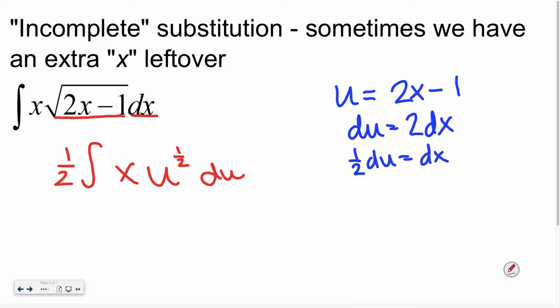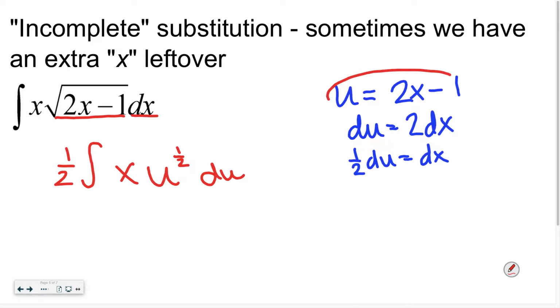What do we do? Be creative, people. We don't have to do it again. We have something up there that we can use. We can write x in terms of u. Everything else is a u.